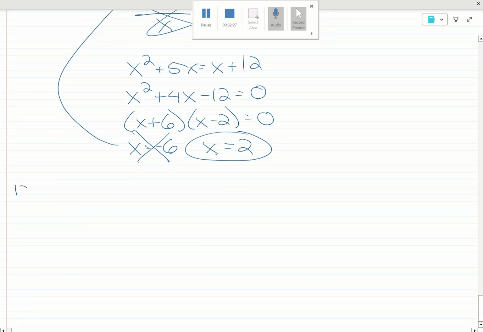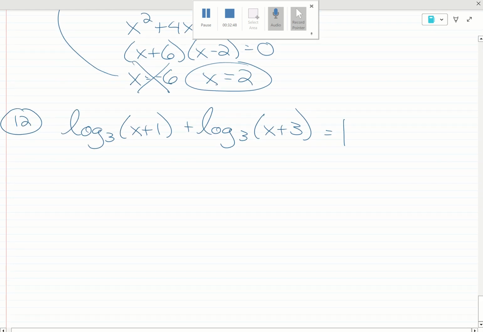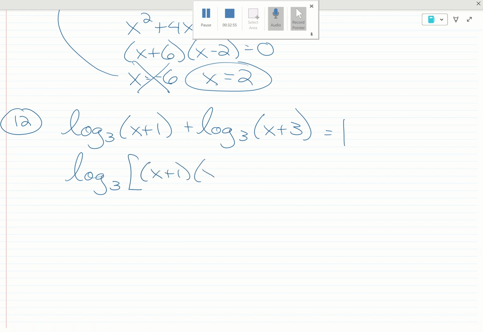I wanted to do one more problem using the product property. So let's say we had log base 3 of x plus 1 plus the log base 3 of x plus 3 is equal to 1. Well, we could go ahead and use the product property. So this is x plus 1 times x plus 3 is equal to 1.